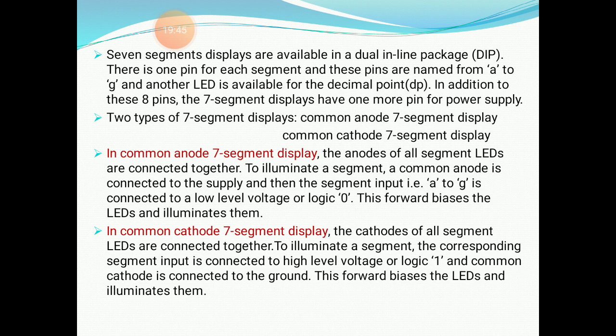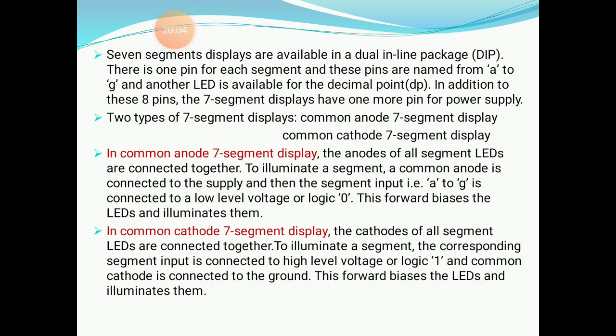There are 2 types of 7 segment displays available, called common anode 7 segment display and common cathode 7 segment display. In the common anode 7 segment display, the anode terminals of all segment LEDs are connected together.